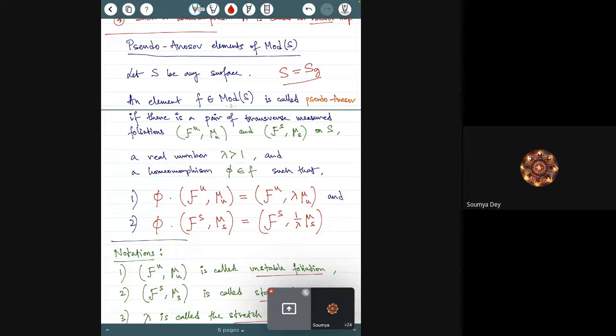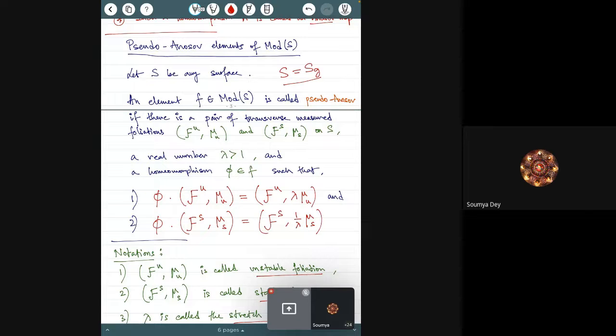In fact, these can be defined for punctured surfaces as well. For the time being, let us fix this as a closed surface of genus g. An element f in our mapping class group of S is called pseudo-Anosov if there is a pair of transverse measured foliations, F unstable, mu unstable, and F stable, mu stable on S.